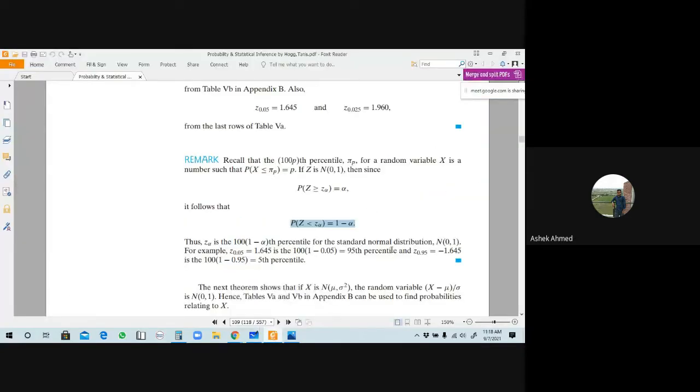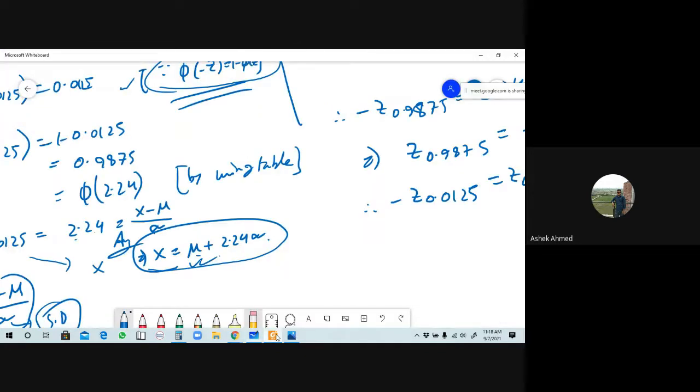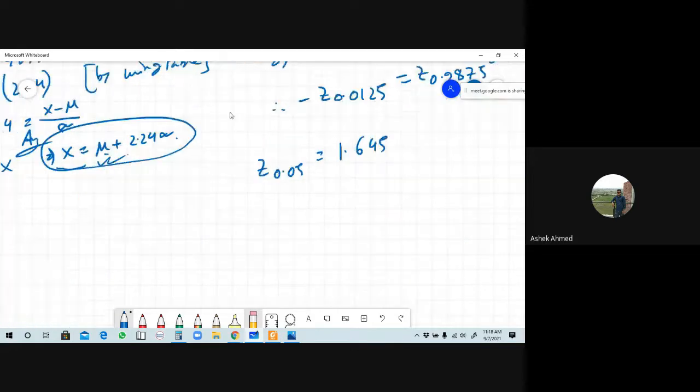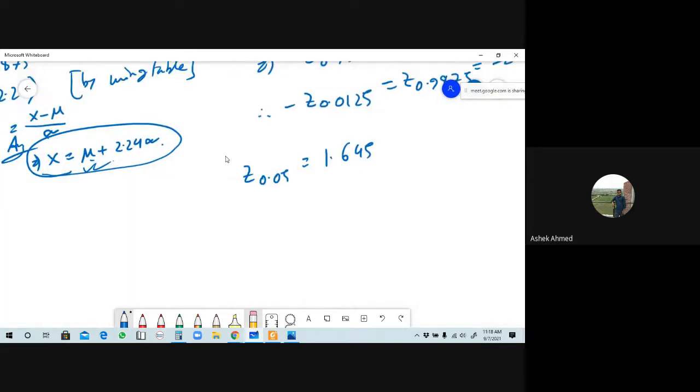Okay, now from here if the value of z suffix 0.025, sorry, if the value of z suffix 0.05 is 1.645, the value is high. Okay, so from here the value of alpha lies less than 0.5, from here we can say that 0.05 is less than 0.5.